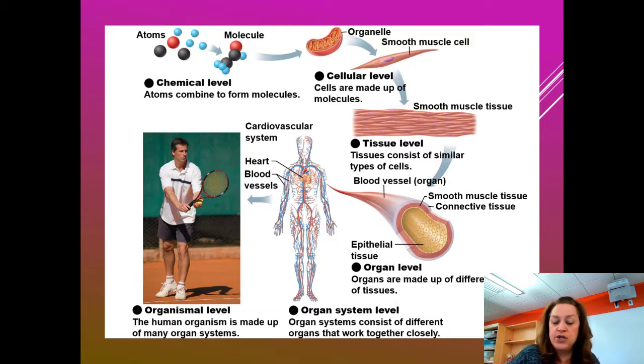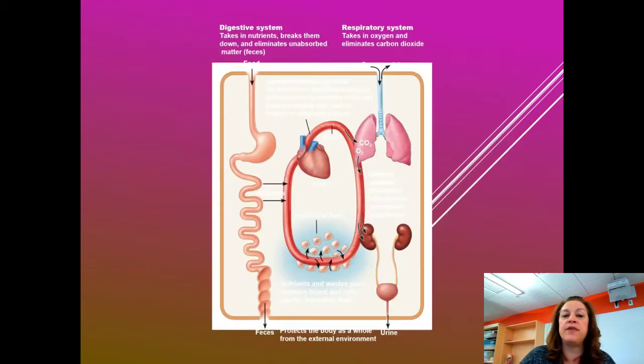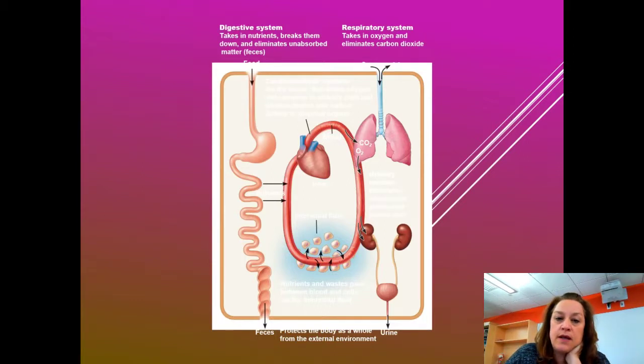Now, when we talk about the organ systems of the body, there are a number of them. This image takes a pulled away view of the body in general and how the different organ systems within the body work together. So you'll see the digestive system taking in the nutrients, breaking them down.